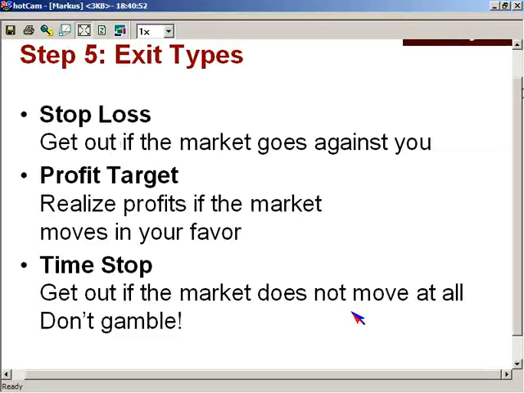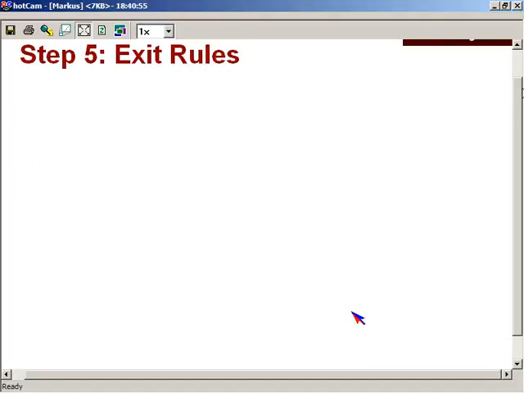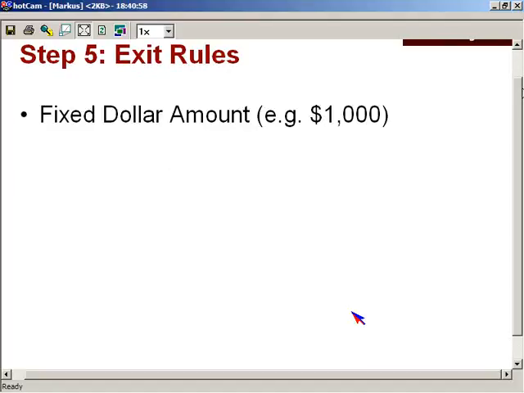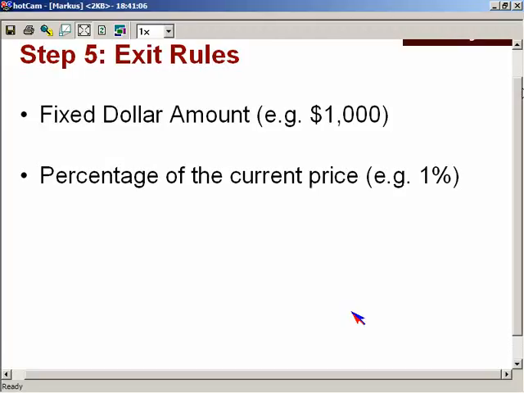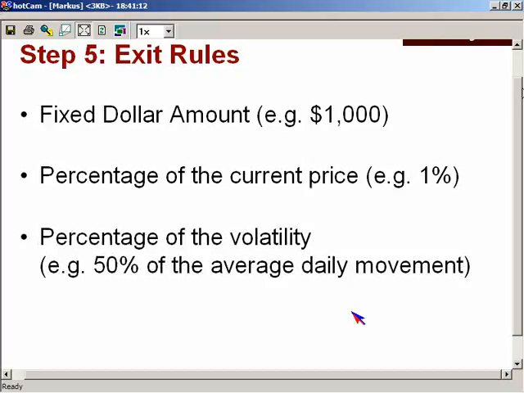Now, what are the 4 different ways or 3 different ways how you can express a stop loss or a profit target? Well, you could have a fixed dollar amount where you say, for example, $1,000, and you can apply this to both a stop loss and a profit target. You could express your stop loss or your profit target as a percentage of the current price, for example, 1%.